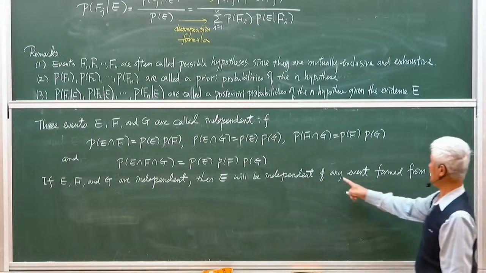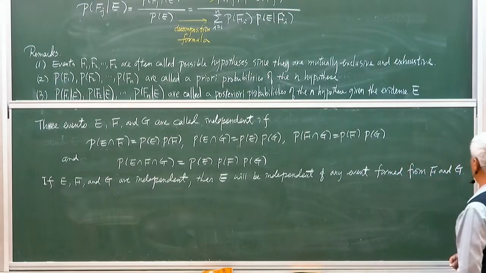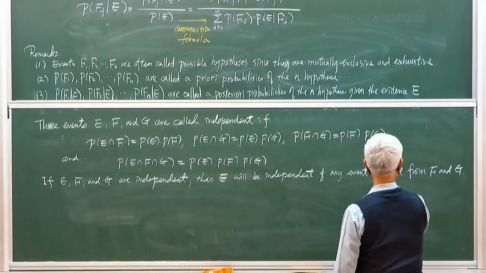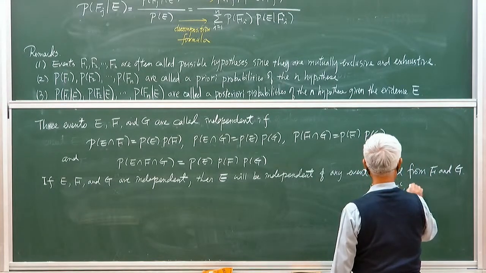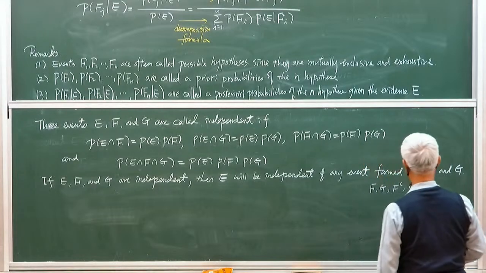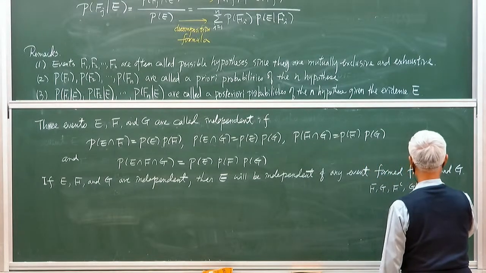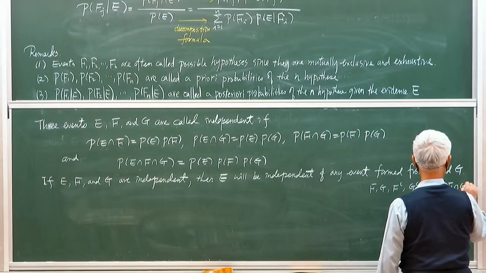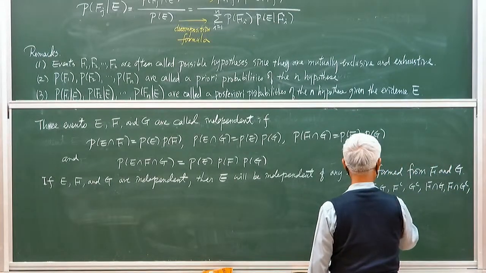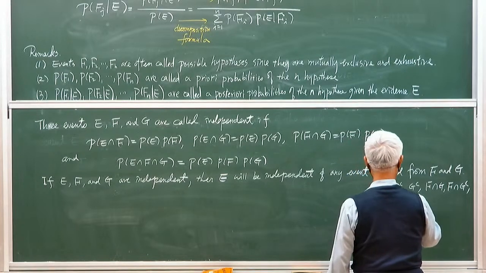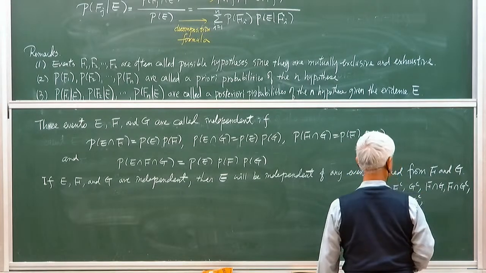Okay, so any events formed from F and G, there are a lot of them. So let's say F, G, F complement, G complement, and F intersect G, F intersect G complement, F complement intersect G, F complement intersect G complement.